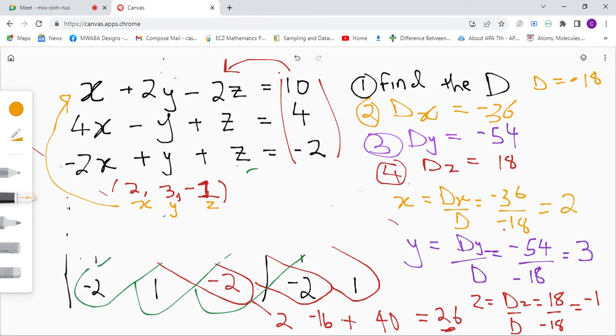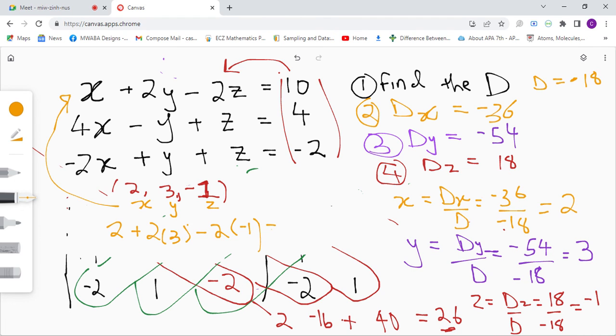So equation 1 is x plus 2y minus 2z equals 10. So we replace x with 2, so we say 2 plus, we replace y with 3, 2 times 3, minus 2, and replace z with negative 1, all right?